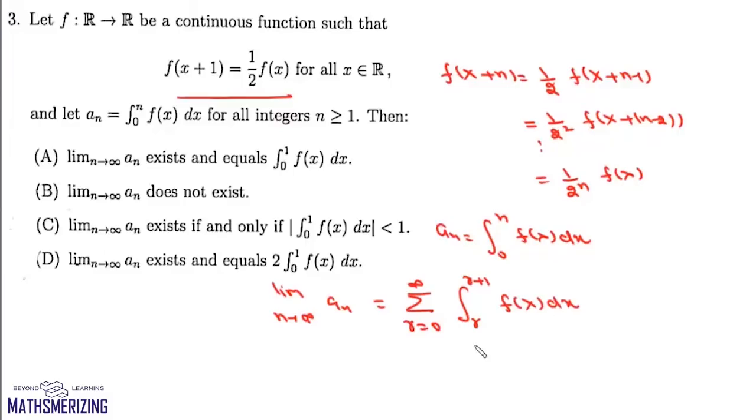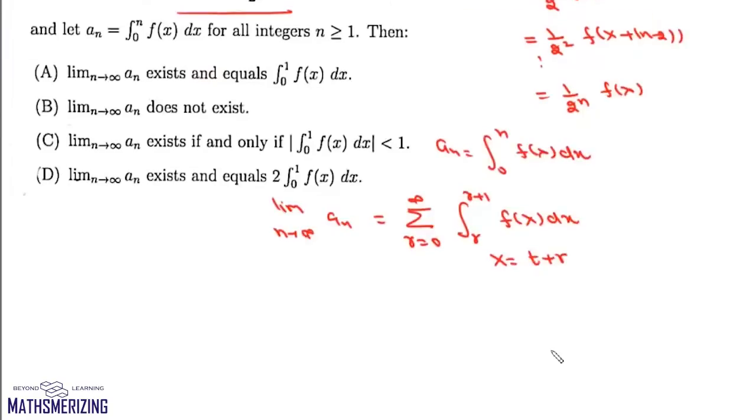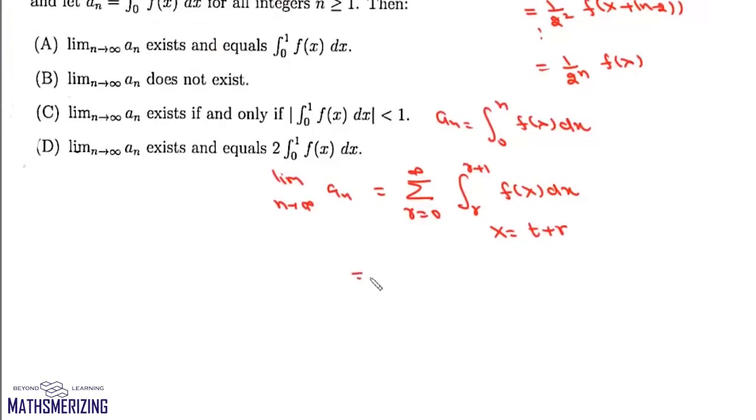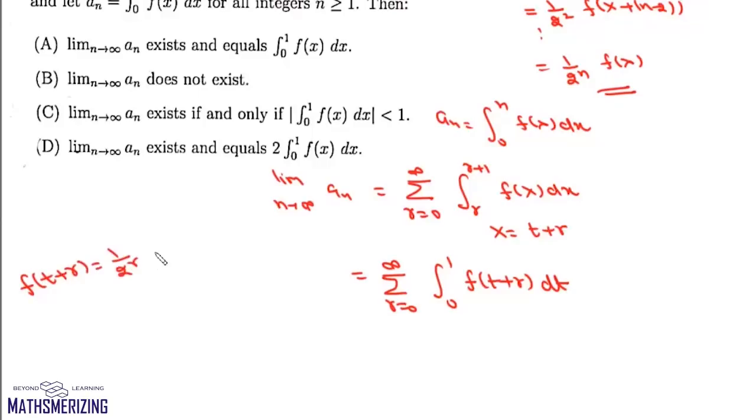Now what we'll do is, we'll replace x with t + r, then we can write this as the summation r varies from 0 to infinity, here the integral will be from 0 to 1 of f(t+r) dt. Now using this relation, we can write f(t+r) as 1/2ʳ into f(t).